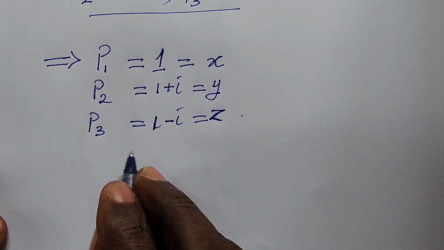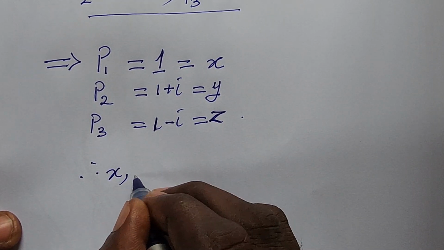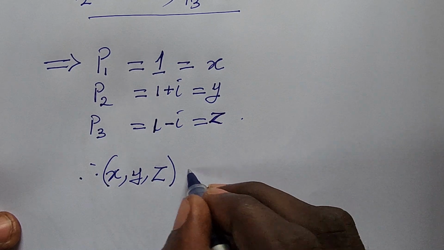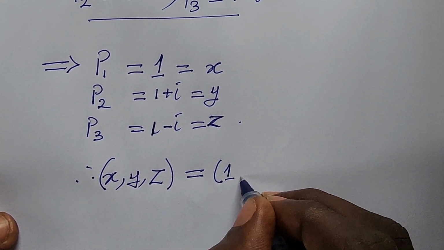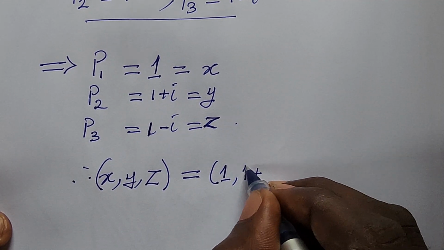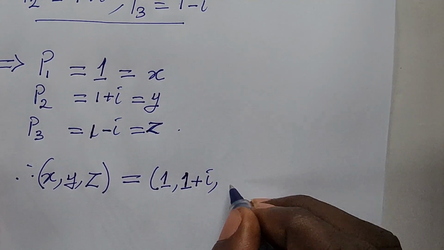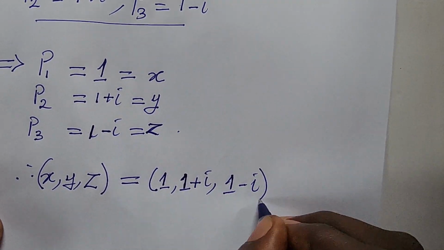So we can now conclude by saying that therefore our x, y, z will now be equal to bracket open 1, 1 plus iota, 1 minus iota.